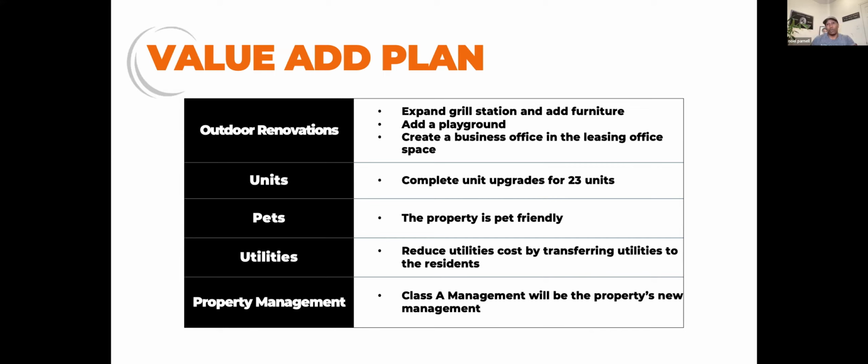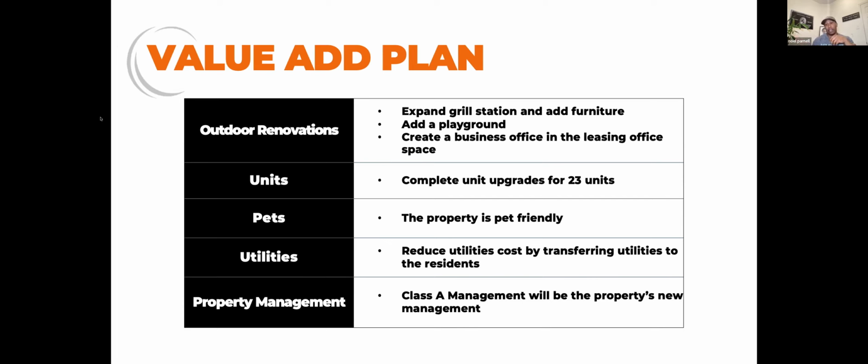Utilities. When we're doing the property, we're looking at how we can lower our operating expenses. If everybody's on one water bill, what we like to do is a utilization plan, where we'll either sub-meter the water in each unit, or do ratio billing depending on how many people you have in your unit.